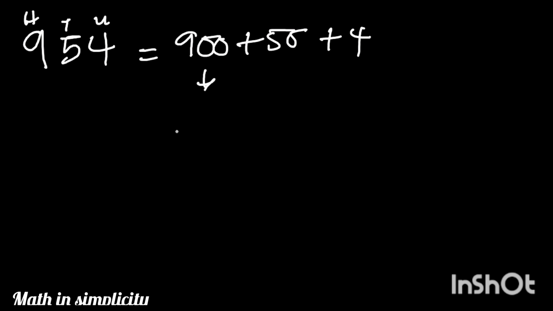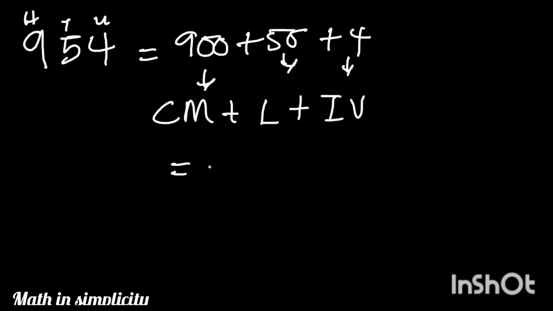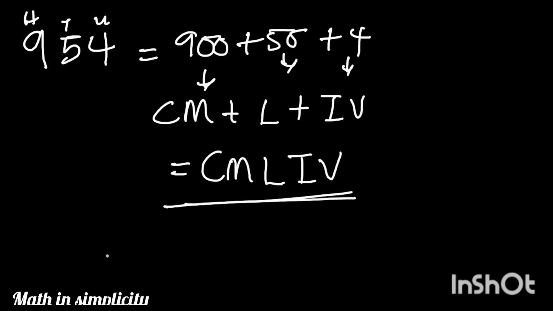So 900 is exactly before 1000, so that's 100 less than 1000. So we have CM plus 50 is L, and then 4 is IV. So finally becomes CM, L, I, and then V. So that's how to do it.